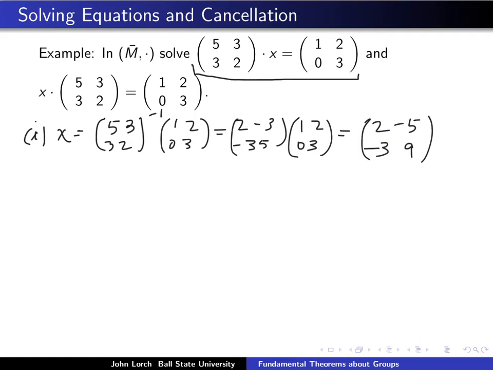Now for the second equation, it's essentially the same process, but here we want to multiply by the inverse of 5, 3, 3, 2 on the right everywhere. If we do that, we isolate x on the left side, and on the right side, we have the matrix 1, 2, 0, 3 times 5, 3, 3, 2 inverse.